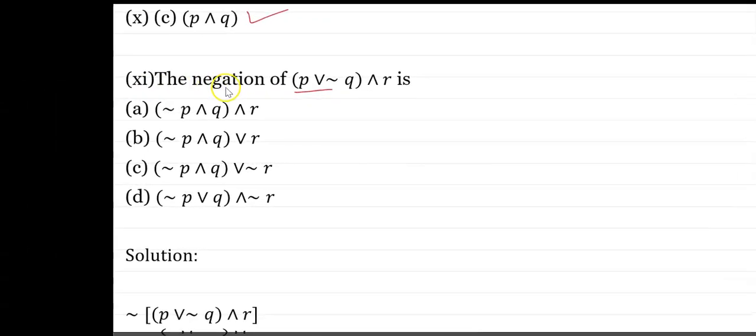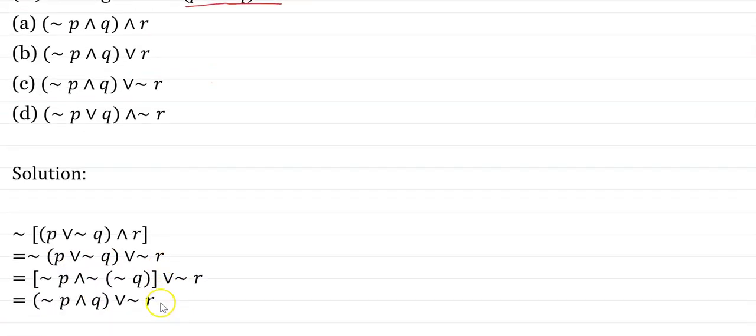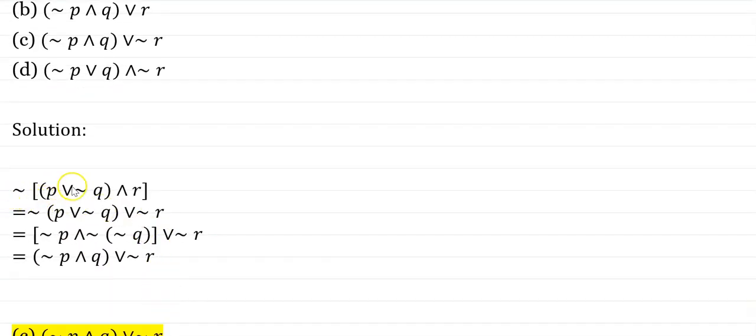Negation of in bracket P or negation Q and R. When we apply the negation, here is a negation of in bracket P or negation Q, and this and will become or negation of R. Now next we apply here the negation for this bracket, that is the negation of P. Again this or will become and negation of negation Q, bracket complete, or negation of R.